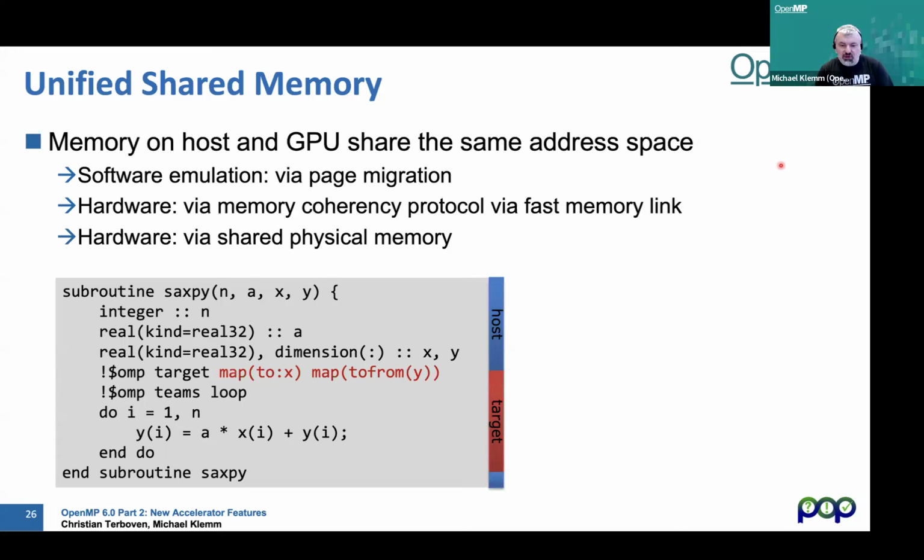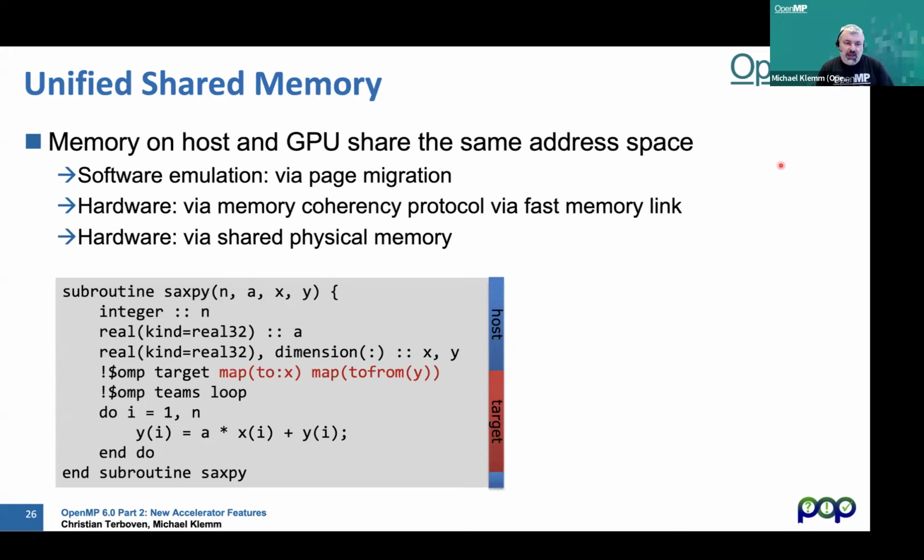And so several of the GPUs can use that infrastructure to move memory around via those page migration mechanisms and basically emulate the concept of a unified shared memory and the same address space idea in terms of software. And then, of course, there are other ways how you can also do this in hardware.